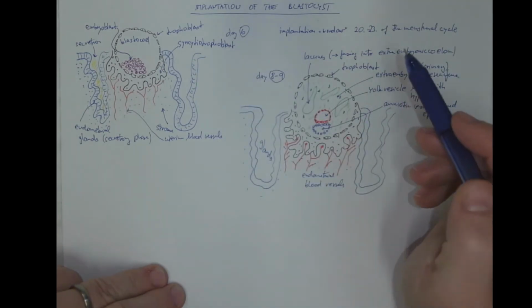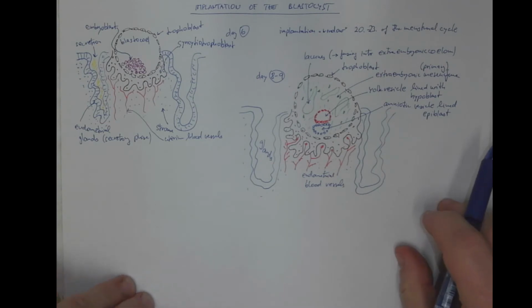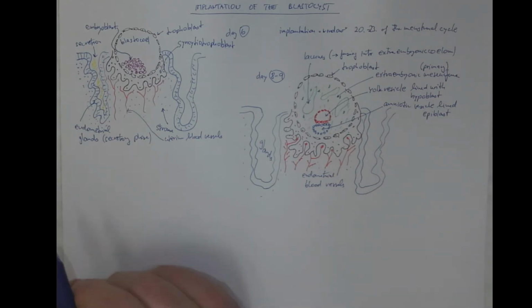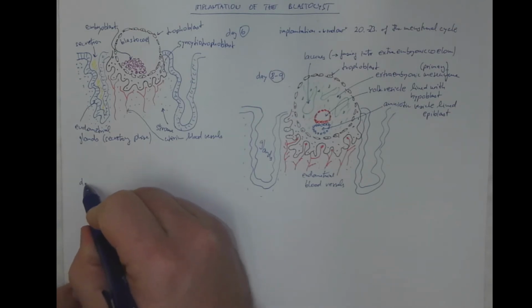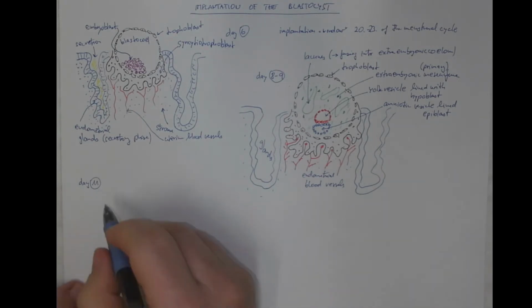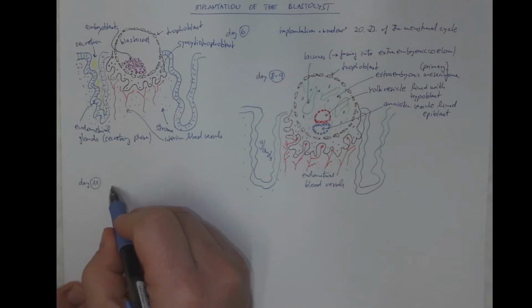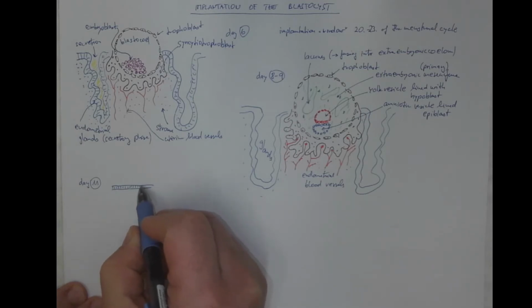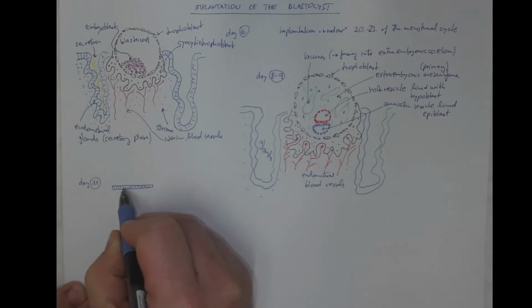The whole implantation takes approximately 5 to 6 days. So let's say on day 11 it's completed. So you got the renewed epithelium that has closed above the implantation site.